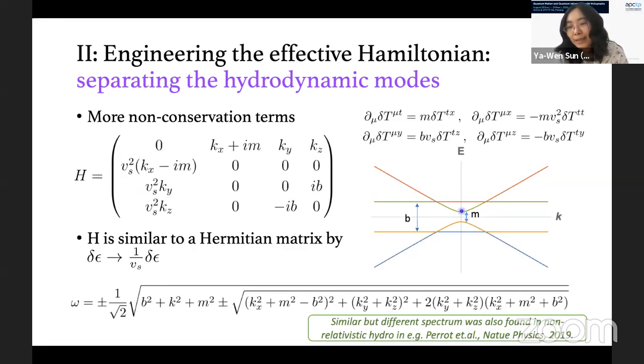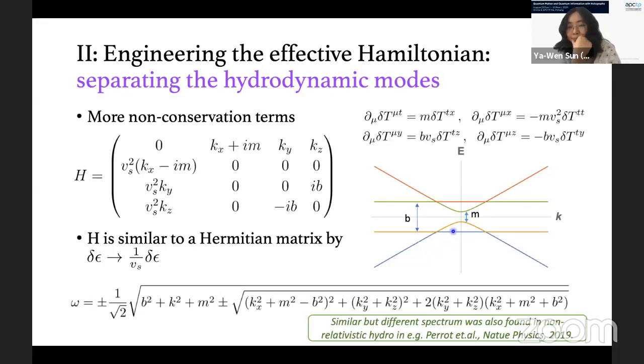So now we have modified the effective Hamiltonian of the hydrodynamic system, and we can produce the spectrum which has gapless nodes even with the presence of a mass term. And this is the spectrum which is apparently real.